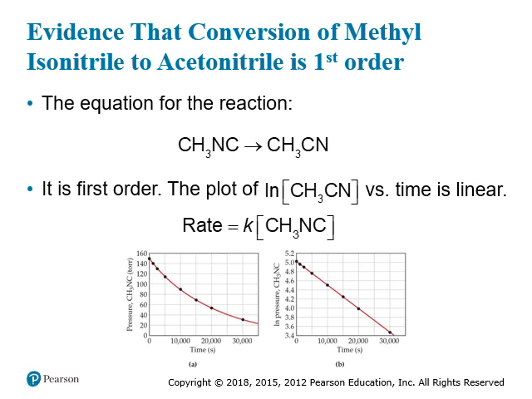But on the right graph, we see the natural log of that pressure, which again is a reflection of concentration, versus time, giving a linear plot. So since the plot is indeed linear, the reaction would be considered a first order reaction.